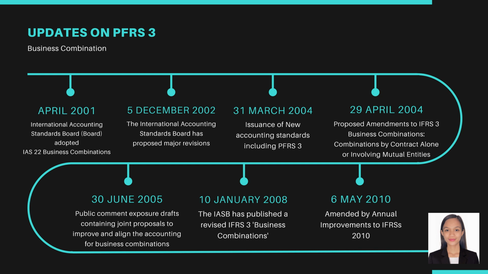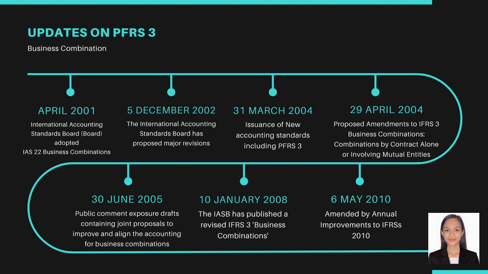In 2008, January 10, 2008, ito na yung revised IFRS 3 and related revisions to IAS 27 or the consolidated and separate financial statements. This applies to business combination for which the acquisition date is on or after the beginning of the first annual reporting period beginning on or after 1 July 2009.